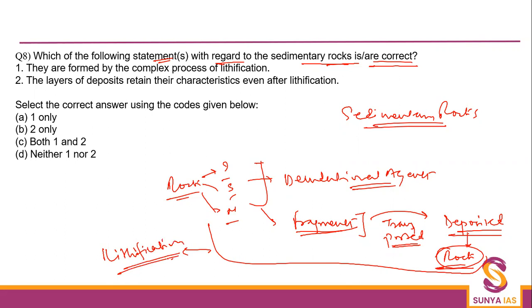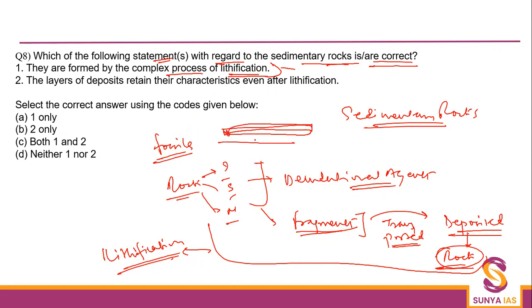The first statement given over here is definitely a correct statement, that they are formed by the complex process of lithification. There are several rock systems in the sedimentary rock system. Many kinds of rock systems or layers can be found in sedimentary rock. Even fossils are found in sedimentary rocks only. A deposition happened here.